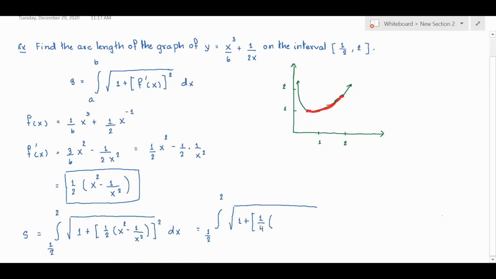I'm going to use the formula here: first term squared, minus twice first times last, plus last term squared, which is x to the 4th.